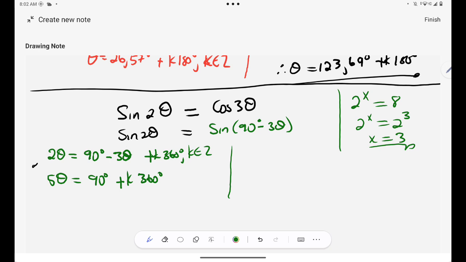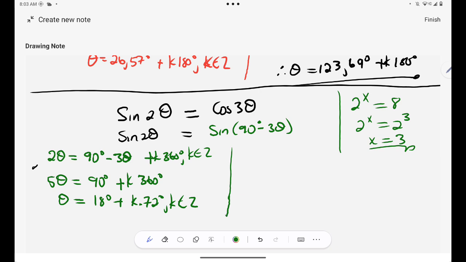Are you together? So I can divide everything by 5. 90 divided by 5 will give me 18. So theta will be 18 degrees plus 360 divided by 5 will give me 72, where k is an element of integers. Are you together? If we express the angle in the first quadrant, this is how our answer is going to be. But we must also express it in the second quadrant as well.